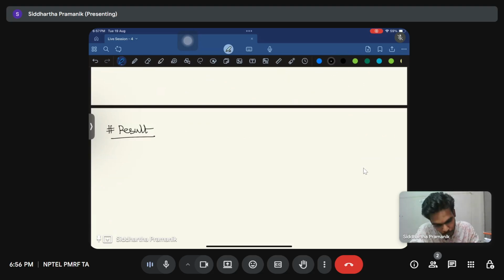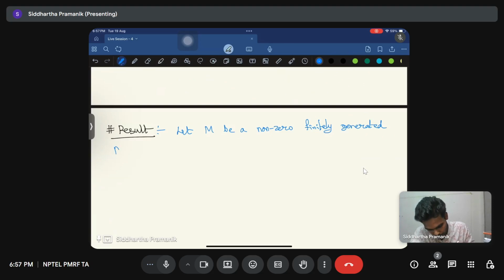So this is about simple R modules. Let M be a non-zero finitely generated R module.